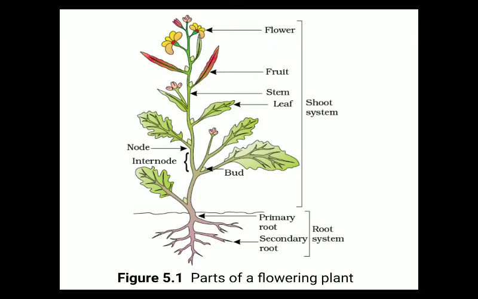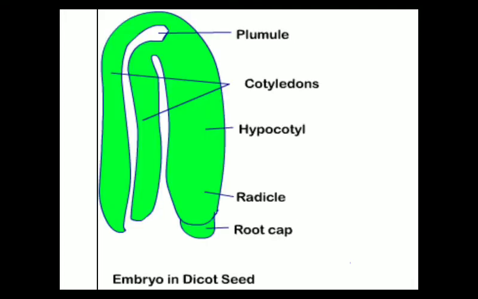They possess flowers, fruit, stem, leaf, and the part of the plant which is below the soil is known as the root system, and the part of the plant which is above the soil is known as the shoot system. So the shoot system consists of flowers, fruit, stem, leaf, and the root system mainly consists of the primary root and secondary roots.